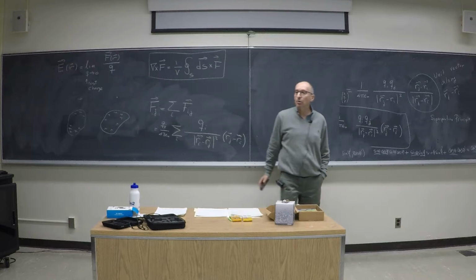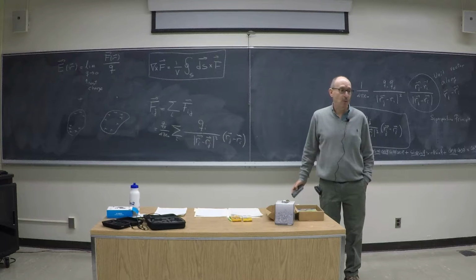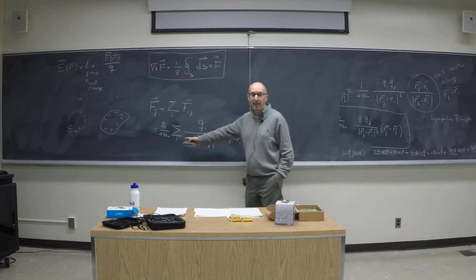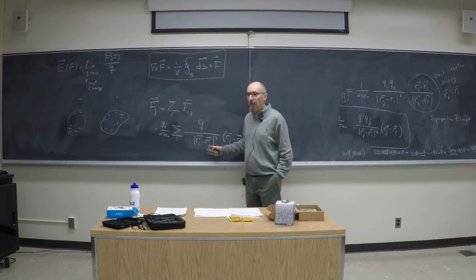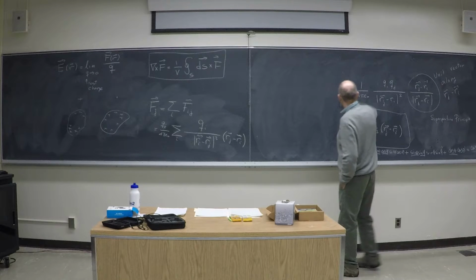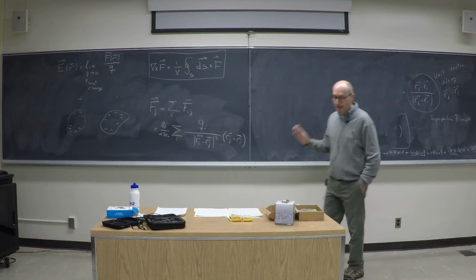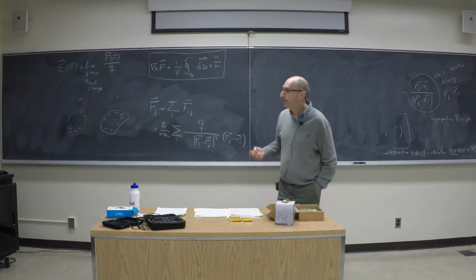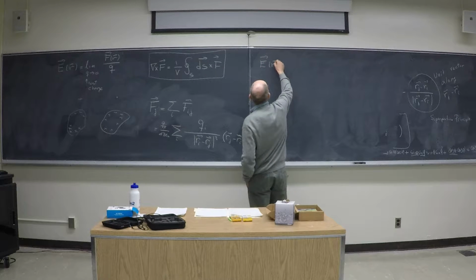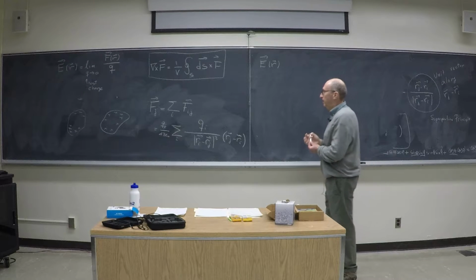So why don't I just call it r instead of r sub j? For the i's, I need it because I'm adding over i. But for the j, I don't need it anymore. So it will be a simpler notation, in a very general situation, to say that the electric field at location r always will have to be of this form.